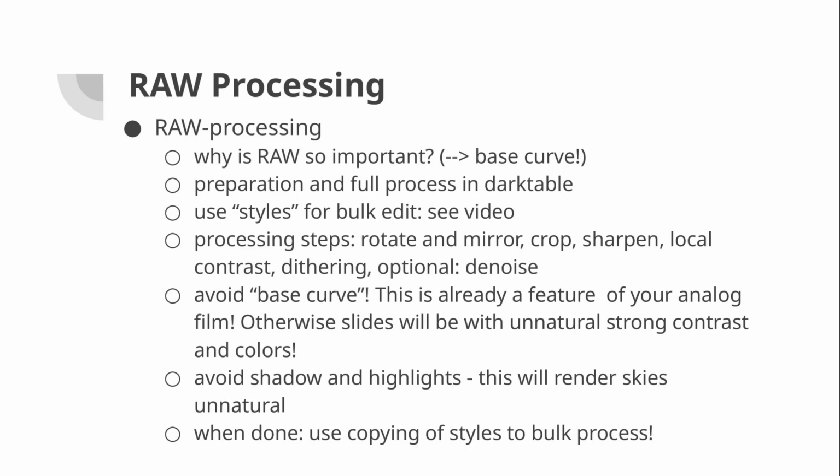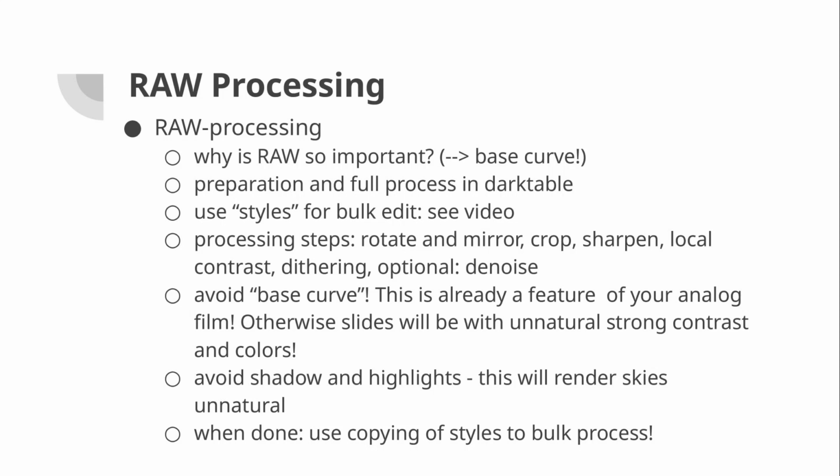This means, for example, a Fuji Velvia has a certain base curve and produces a nice contrast, very good green values, and so on. So the base curve is also a property of a digital camera. The base curve in the digital camera transforms luminance and colors into the nice colors we see in the JPEG and the contrast. Without the base curve, the image would be dull and contrastless.